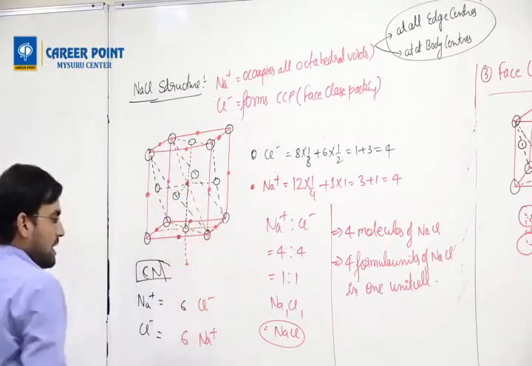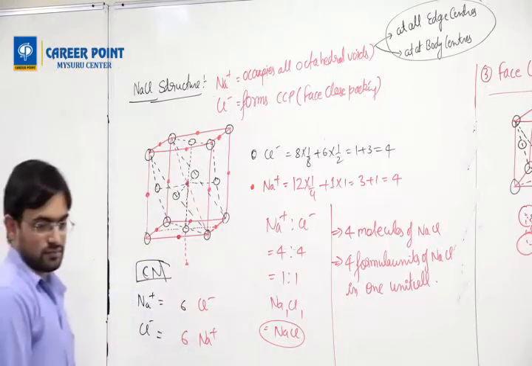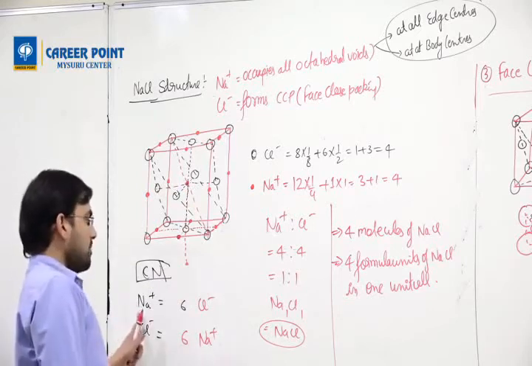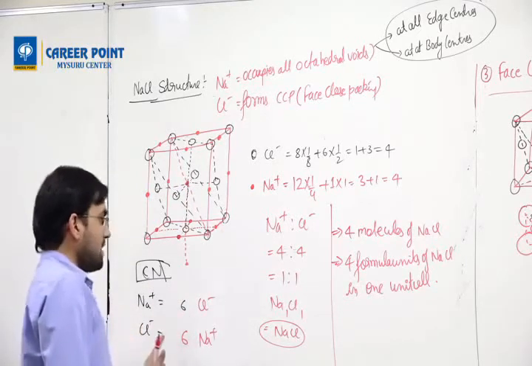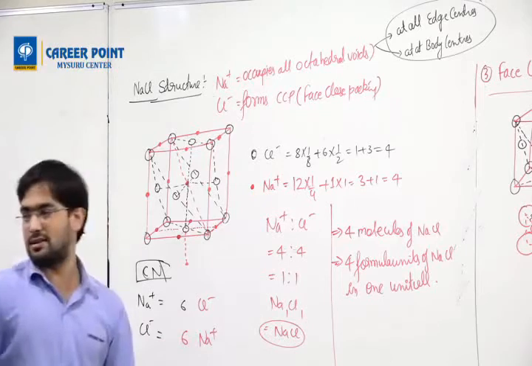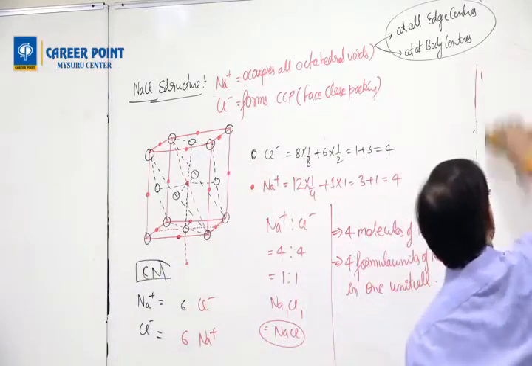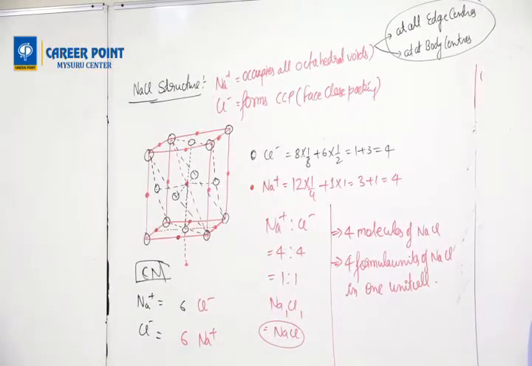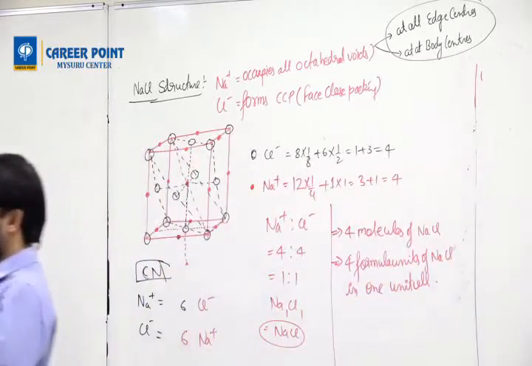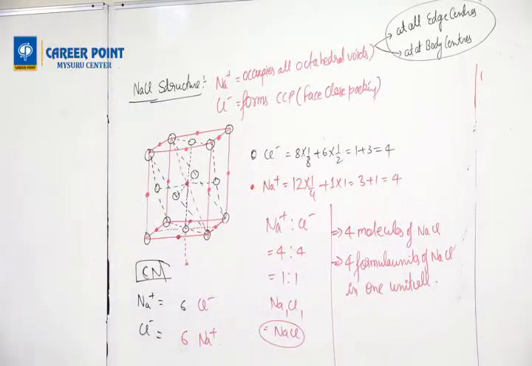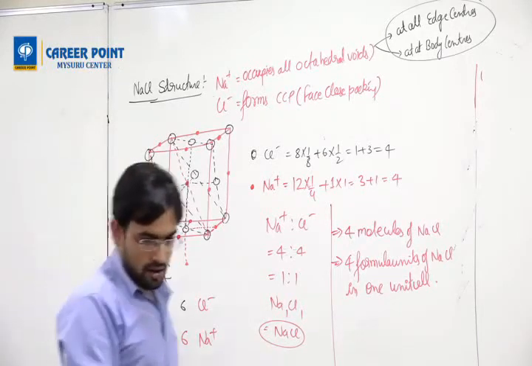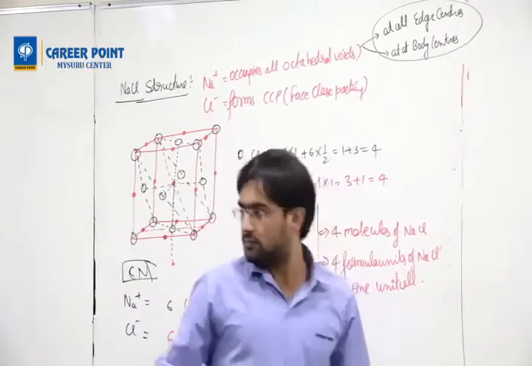So there are 6 Cl minus. So the Na plus coordination number is 6, and the Cl minus coordination number is 6. Understood?